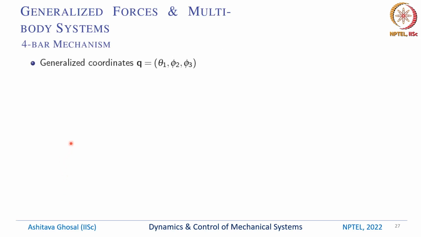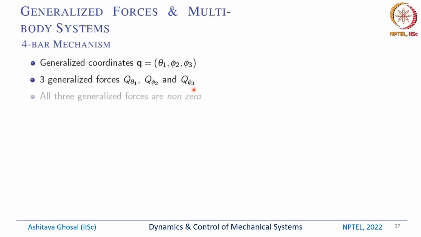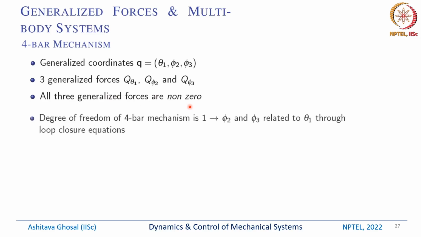So for the generalized coordinates theta 1, phi 2, phi 3, there are three generalized forces: Q theta 1, Q phi 2, Q phi 3. All three generalized forces are non-zero. The degree of freedom of this four-bar mechanism is 1. So what it means is phi 2 and phi 3 are related to theta 1 through loop closure equations.